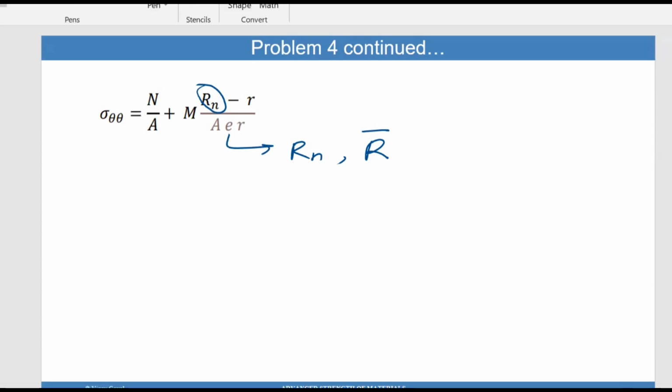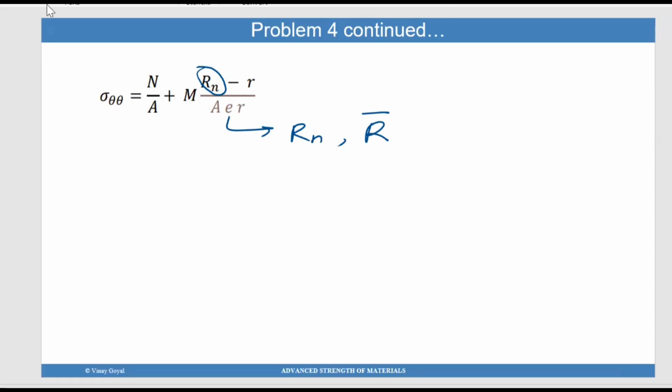So you need to know Rn and R. N, M, all of these are, depending on where you make the cut, you figure out what the axial force at that point is, what the moment at that point is. So all of this, you put it in the formula and you should get your sigma theta theta directly.